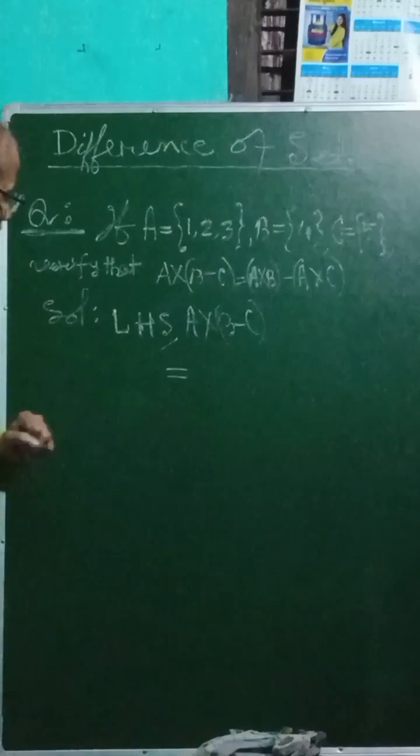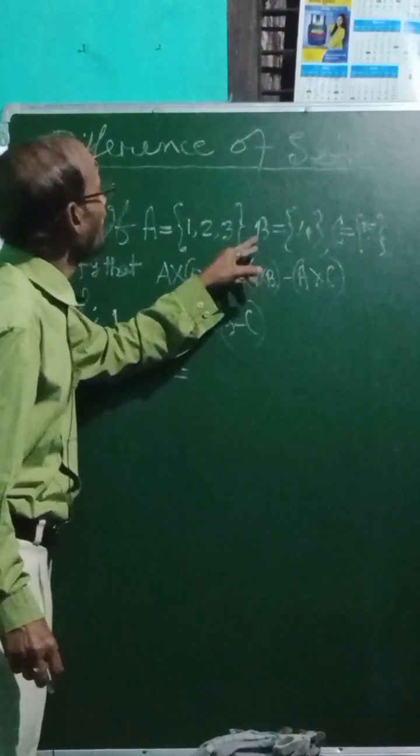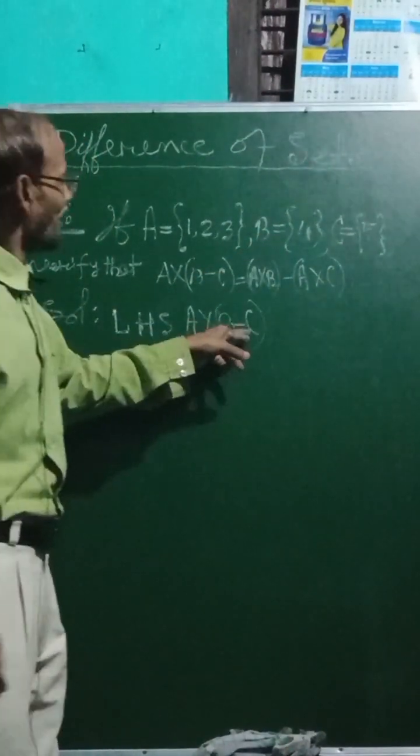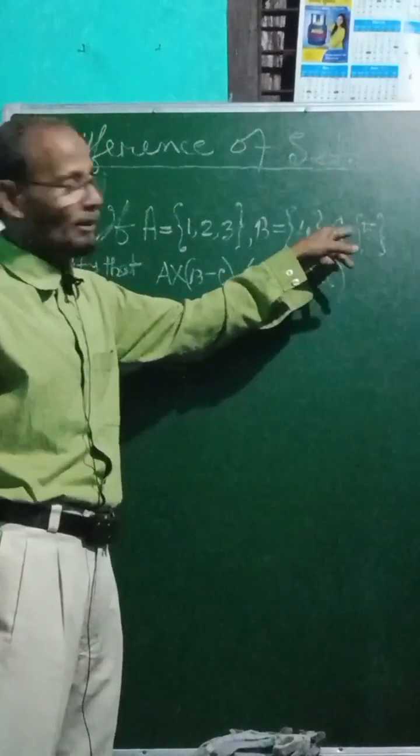You see that B is equal to 4 and C is the set of 5 only, one element 5.